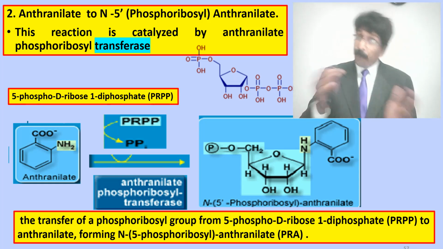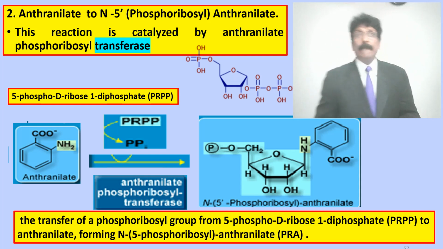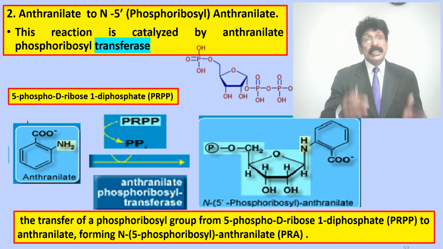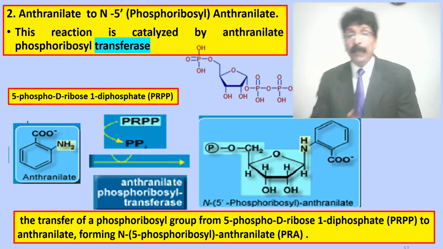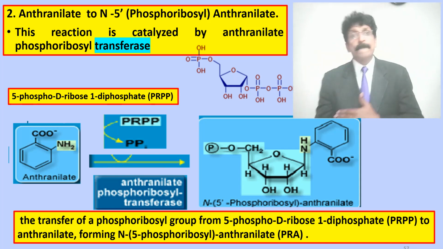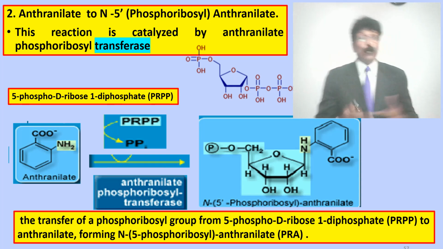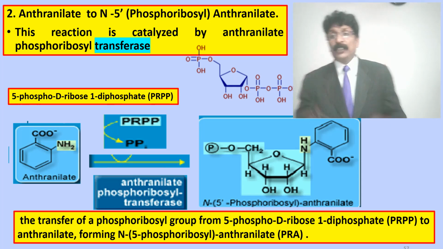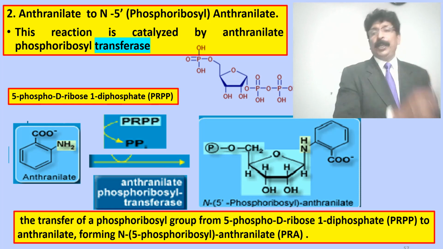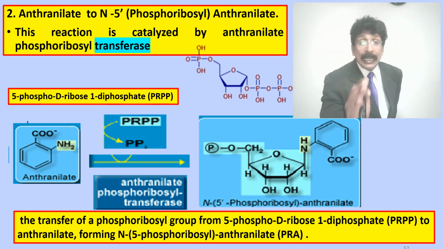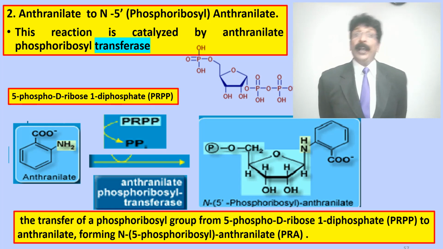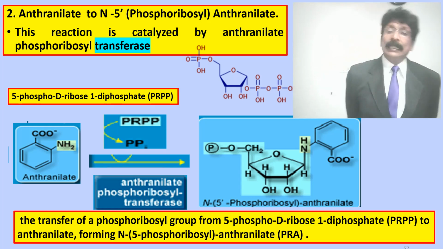Usually phosphoribosyl transferase is the enzyme which transfers the ribosyl group from 5-phospho-D-ribose 1-diphosphate, PRPP, to anthranilate, forming N5-phosphoribosyl anthranilate, PRA. Once you write it, it will be easy.